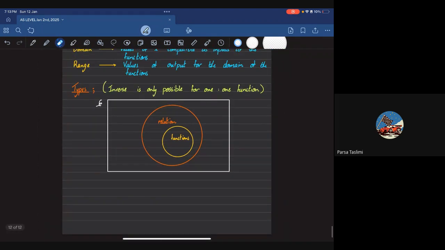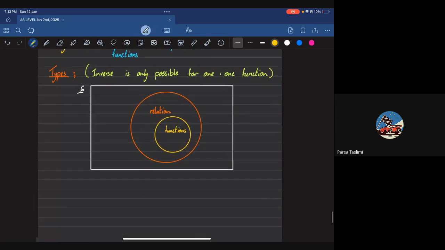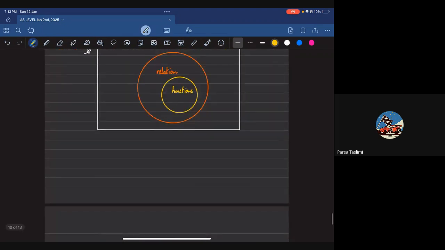And those three types of functions are, one of them is your one-to-many function. Oh, sorry, one-to-one function first, and then we'll move on to one-to-many and stuff of that sort.